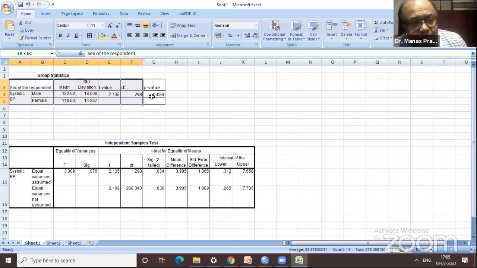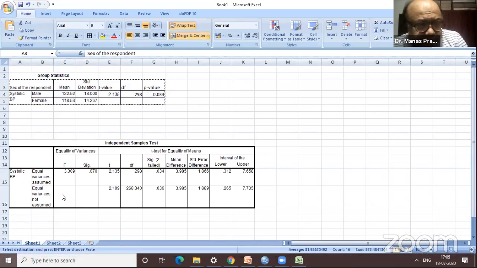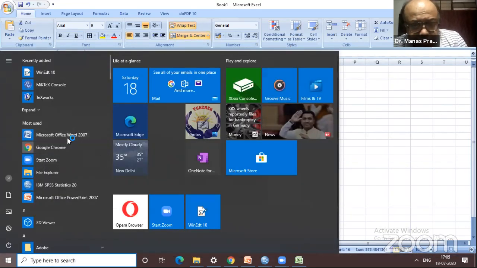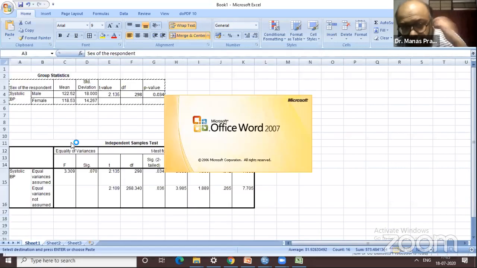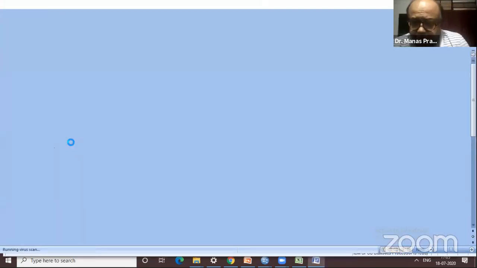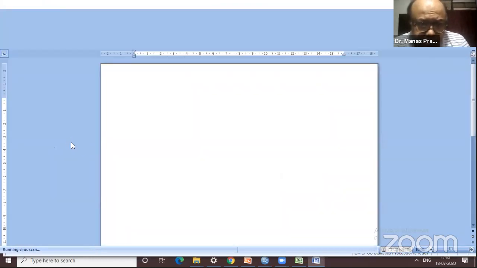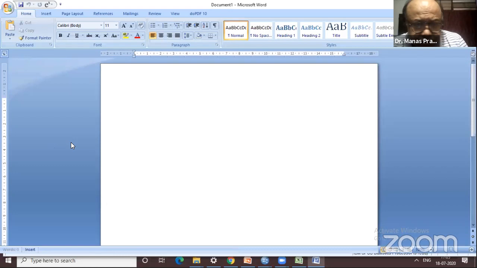So I have to copy it to Word, because we have to write the reports in Word. At last I have to copy it to Word. I am showing you the way of presenting the data. We don't need to give all the things, only the important things you should give.